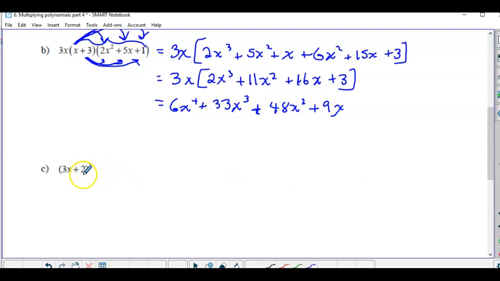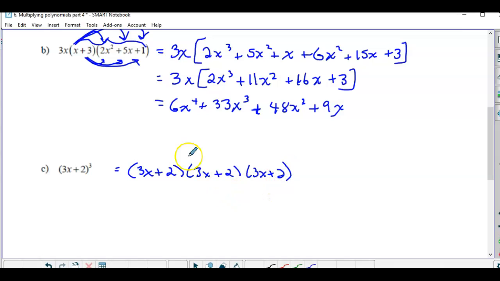Okay, and then what do we do for cubed? Well, really what that means is 3x plus 2 times 3x plus 2 times 3x plus 2.